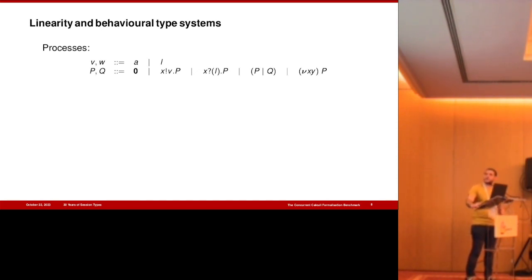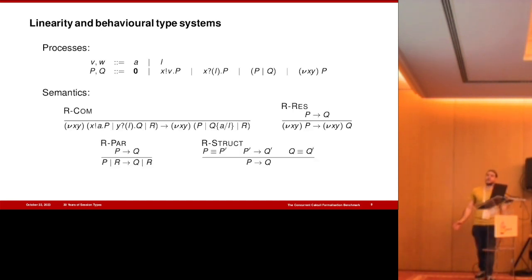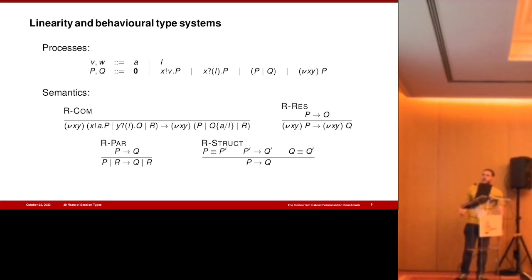Okay, these are processes. Again, nothing should be surprising, and not even in the semantics. As you can see, the main rule is the first one there that explains how a message can be sent and received, how communications happen. And under a restriction, so after we declare the 2 endpoints, X and Y, a process can send via X, A, the first one, the one on the left, to the one on the right, which will receive over Y on the variable L. And then the step can be performed.